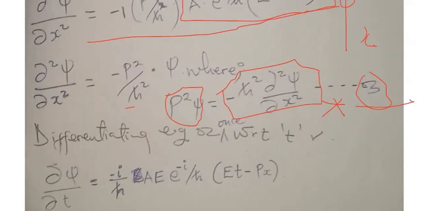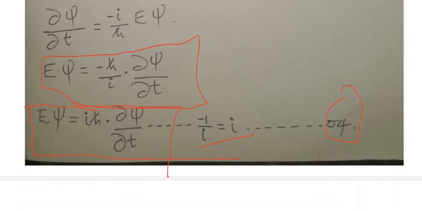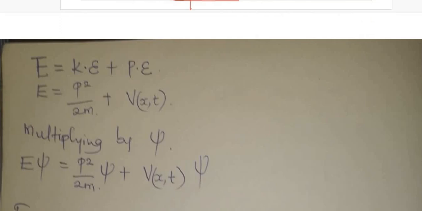Equations 3 and 4, this equation and this one, we'll be replacing in the total energy equation, where total energy equals kinetic energy plus potential energy. Kinetic energy equals momentum squared all over 2m, that's 2 times mass, plus V of x and t.